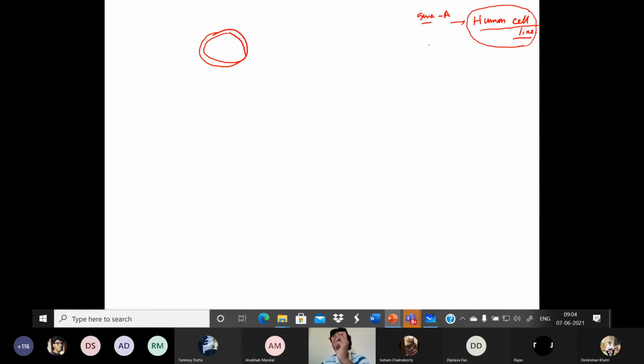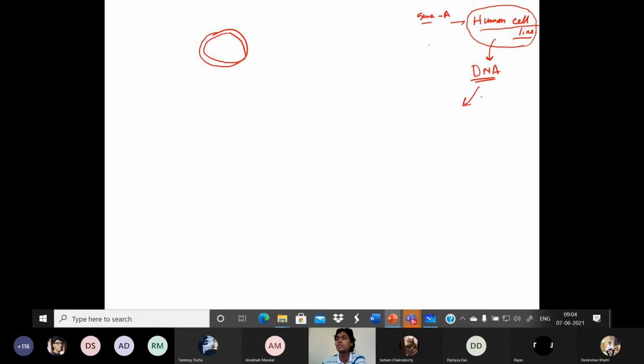It can be some kind of specific body cell, and in culture you can grow this cell in proper conditions. I'm not going into the details, otherwise we will go in a completely different direction. But the idea is, from this human cell line, you have to isolate the whole DNA. And now, from this DNA, you have to particularly take the gene A. How can you take this?